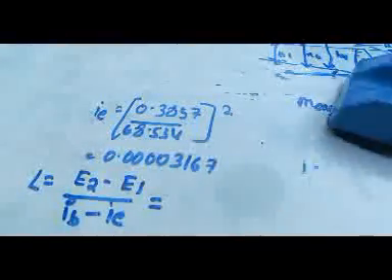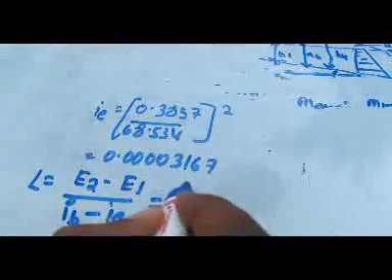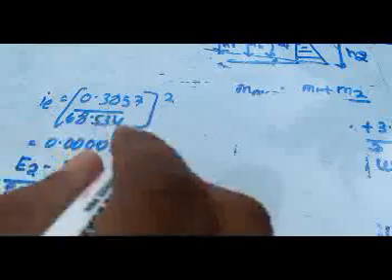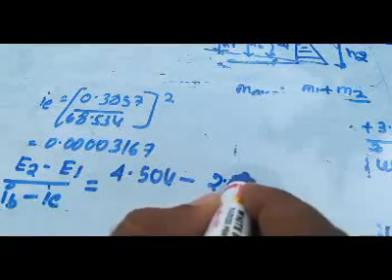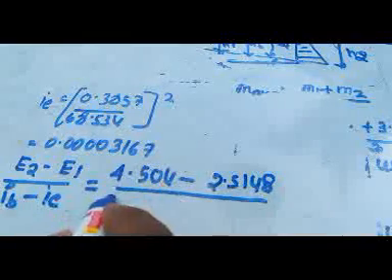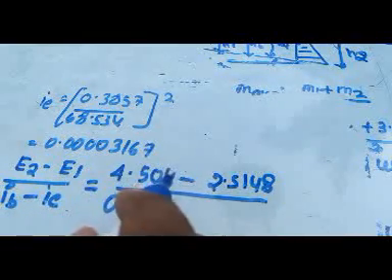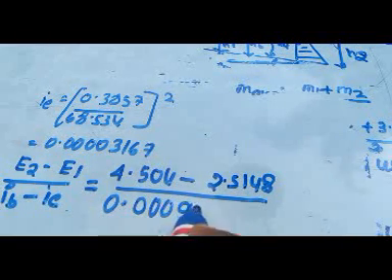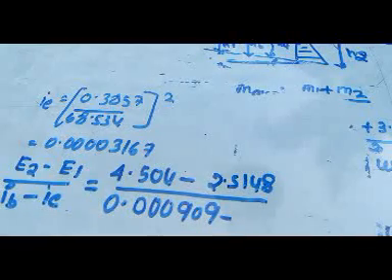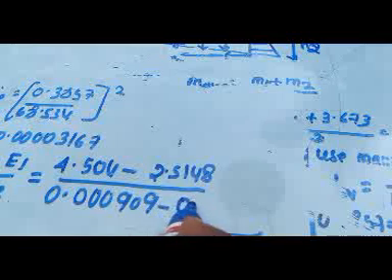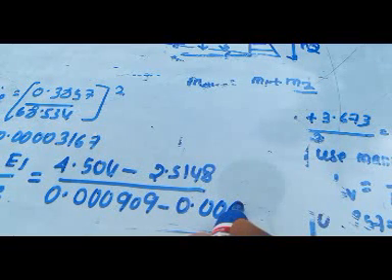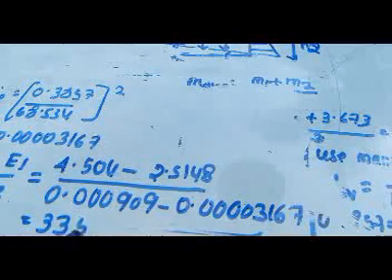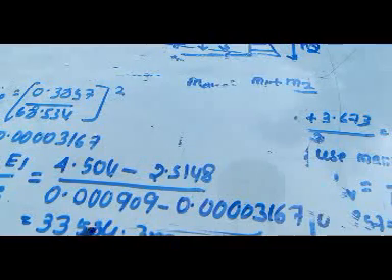The answer is 4.504 minus 2.5148, and IB, the bed slope value, is 0.000909 minus 0.0003167. So the answer is 33584.3 meter.